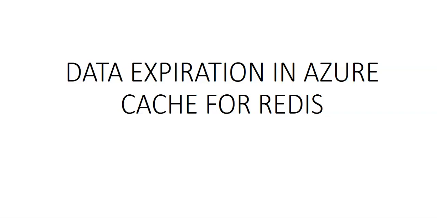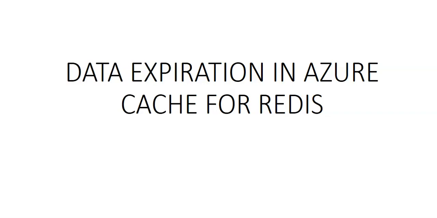Because you have limited storage, you want to make sure you are only storing data that is important. If the data doesn't need to be around for a long time, make sure that you set an expiration.